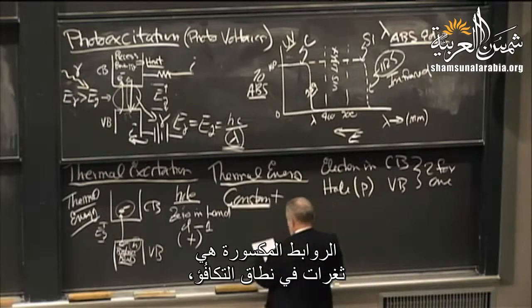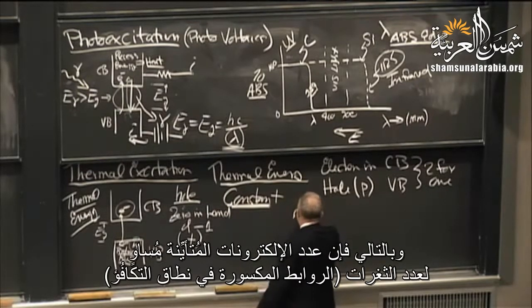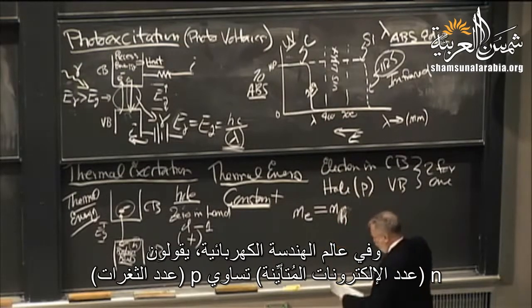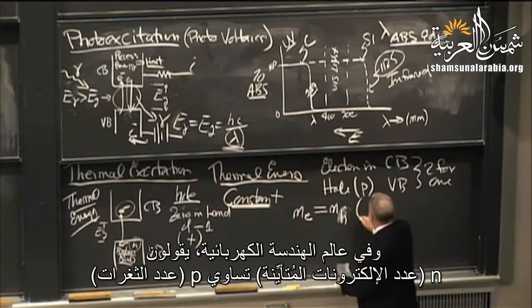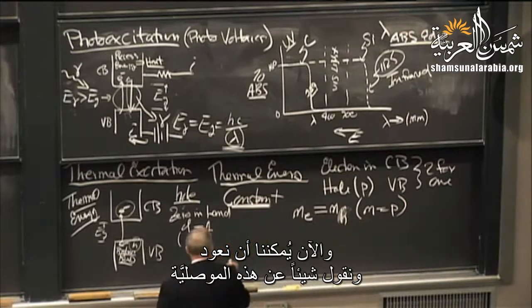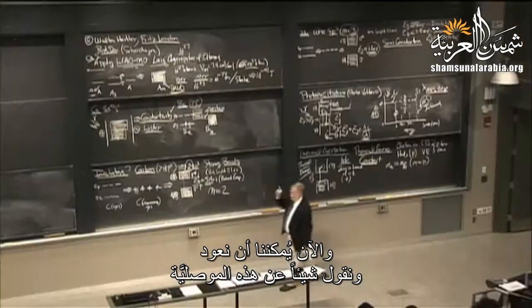And so the number of electrons is also equal to the number of holes, all right? Because it's a 1 for 1, and in the electrical engineering world, they say N equals P, all right? And so we can now go back and say something about this conductivity.